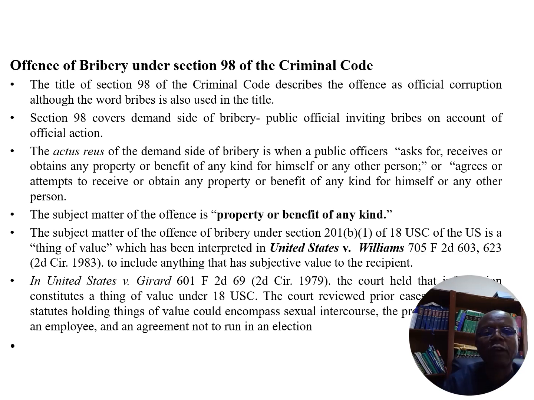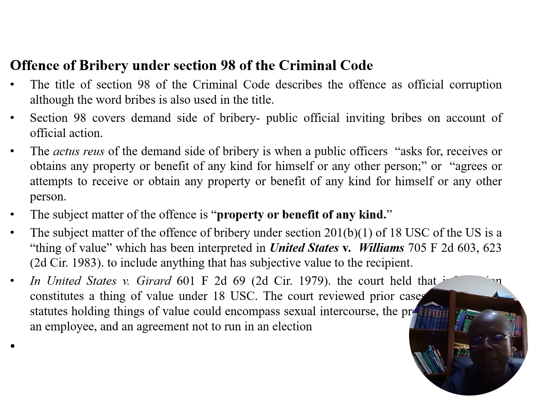Now, the subject matter of the offense is property or benefit of any kind. Property is straightforward. That could be real property, such as land, money, or any other kinds of property. Then the second half deals with benefit of any kind. That shows that it need not be property. It could be a benefit, an advantage that has been conferred on the public officer.